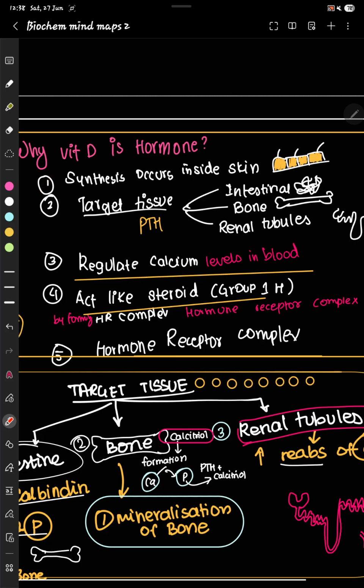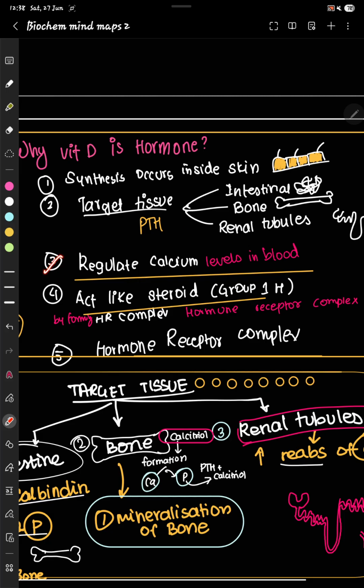The second point is that it has 3 target tissues. You know that only hormones have target tissues, and they act on certain target tissues. In the same way, vitamin D has 3 target tissues: the intestine, bone, and the renal tubules. Now this is the function of vitamin D, so let's learn in detail.